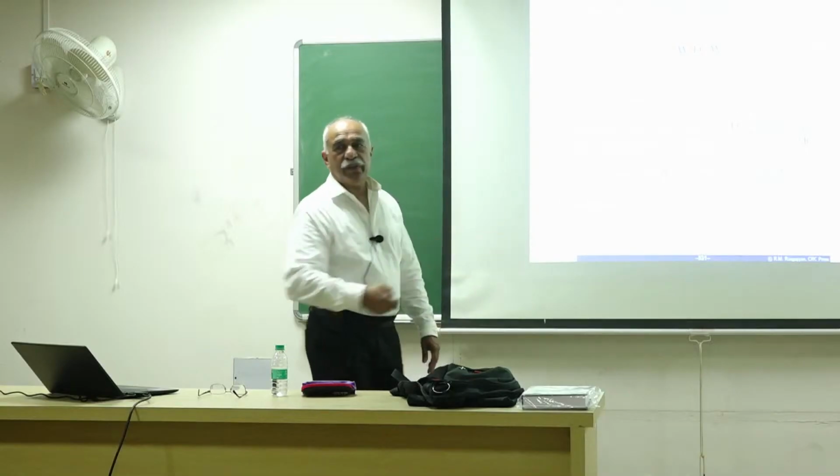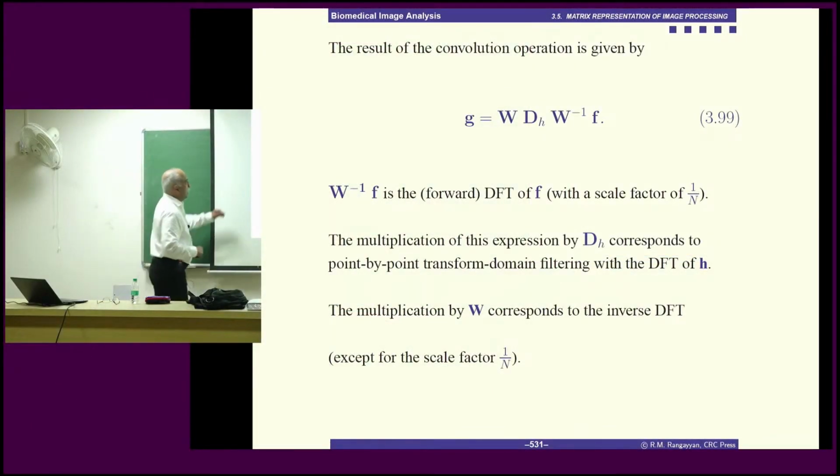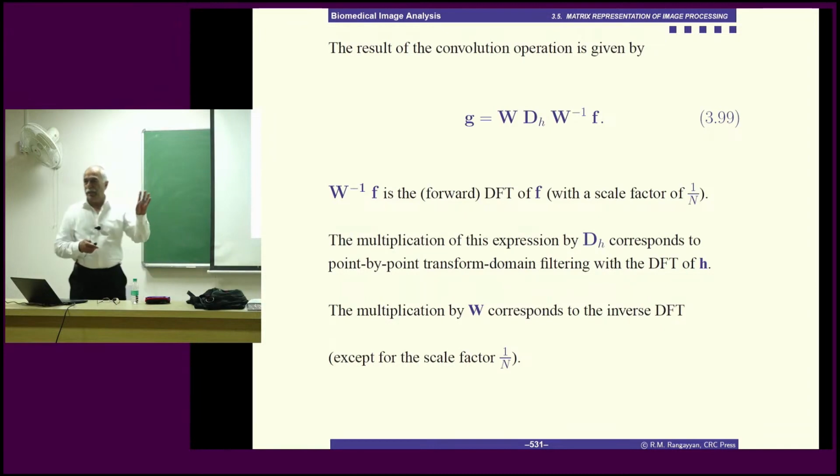This is the inverse Fourier transform, back to the original domain. So the multiplication of the Fourier transform of the input signal with DH corresponds to point-by-point transform domain filtering. And this W does the inverse DFT. Scale factor 1 over n needs to be taken care of.